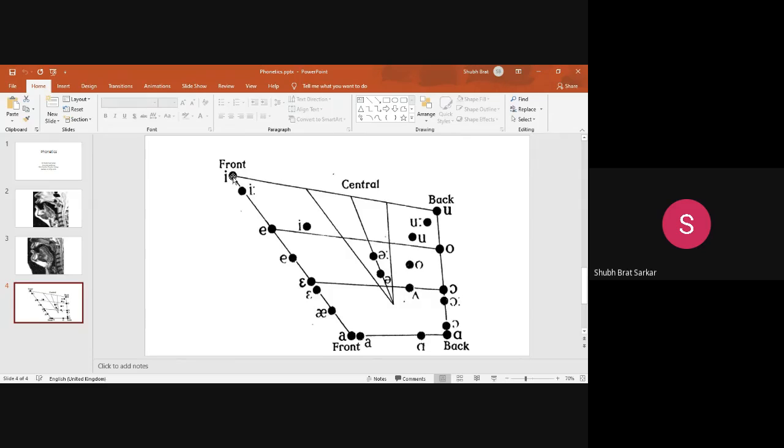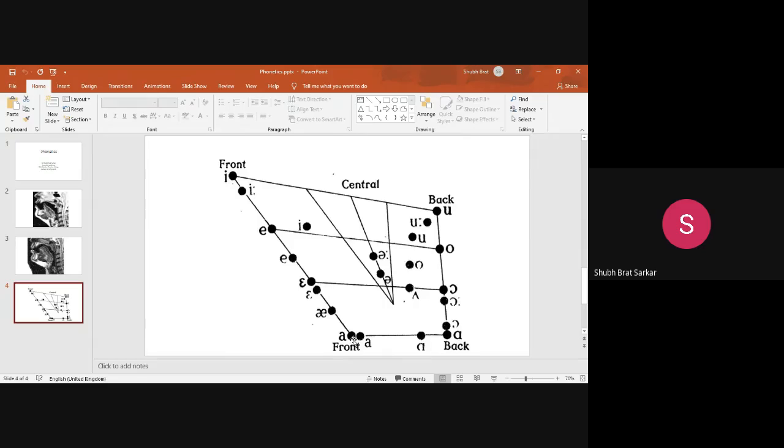So let us recall, according to the place of articulation, we have front vowels, central vowels and back vowels. According to the position of the articulator, active articulator, we have got this as closed vowel, this as half closed vowel, in between half closed and half open vowels, half open vowels, and finally open vowels.